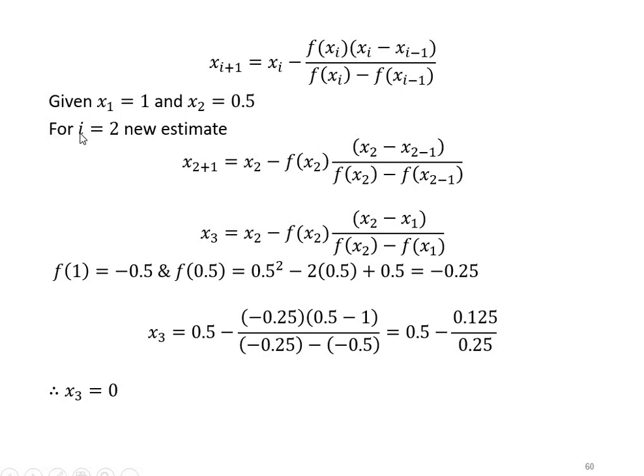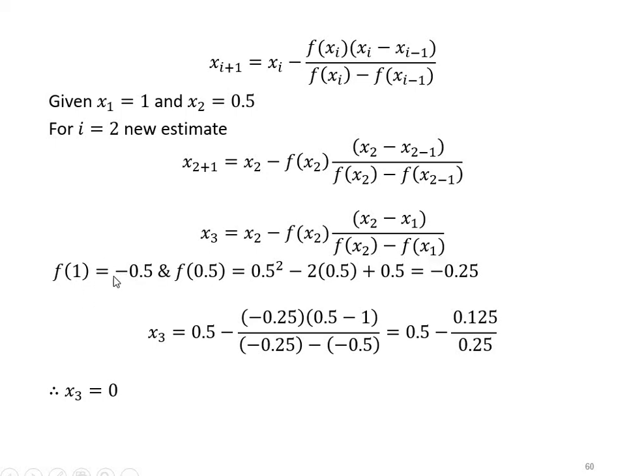So this will be for i equal to 2, and then substitute in that formula. Where there is an i in this formula, I put a 2, and then this will give you x3 is equal to x2 minus f of x2 times x2 minus x1 over f of x2 minus f of x1.